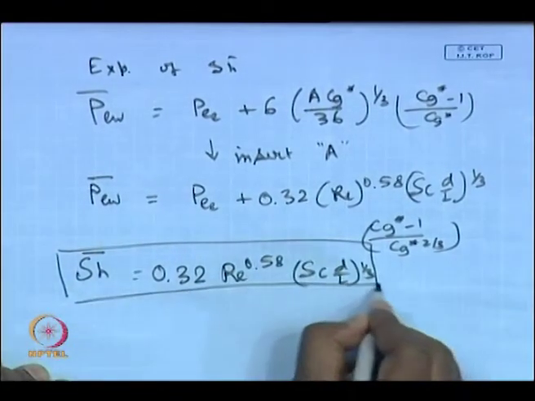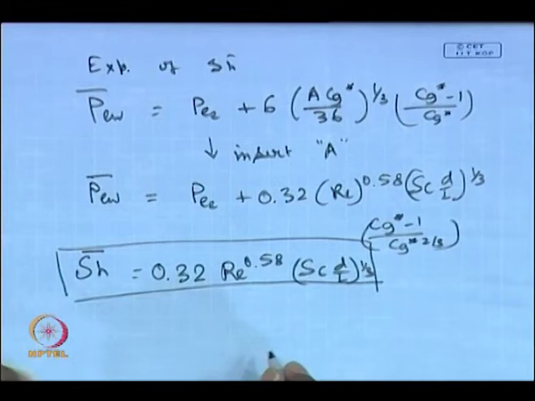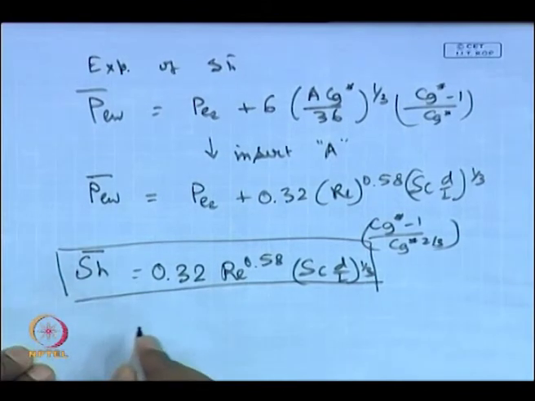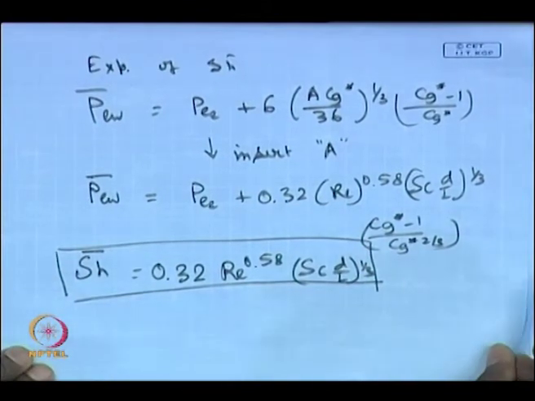So, this is the expression of the length average Sherwood number in the turbulent flow case, and then we can go for further simplification.